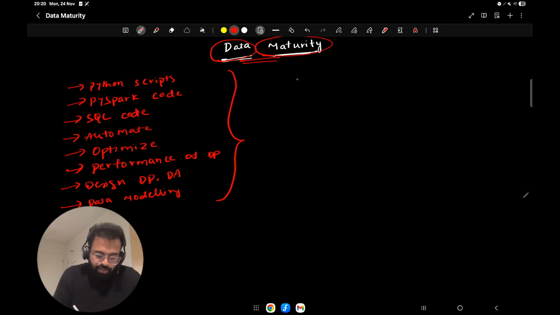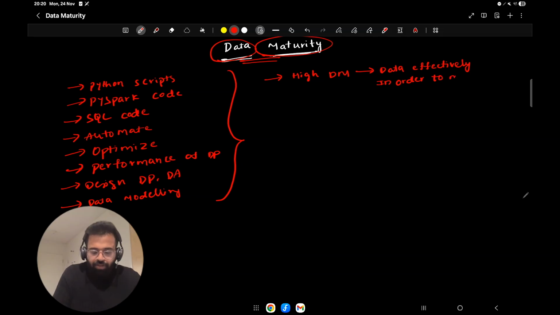Basically, we can say that a team or company has high data maturity if the team is using the data effectively in order to make decisions.